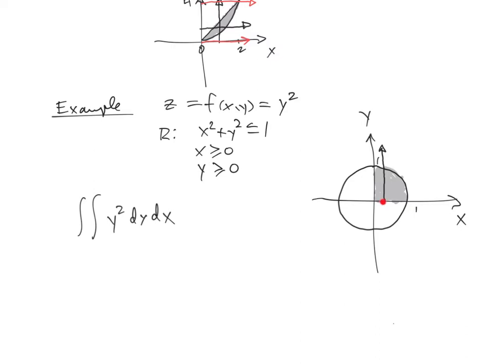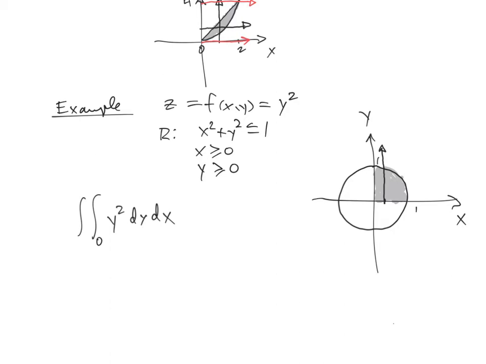Well, y min is the value of y where it first enters, which is obviously 0. And it doesn't matter where I draw this line through the region of integration, y min will always be 0, correct? Because this is a straight boundary on this region. So y min is always 0. It's not a function of x.